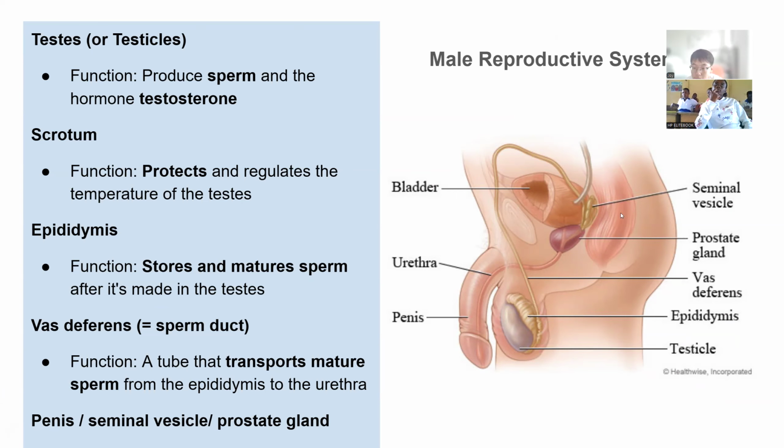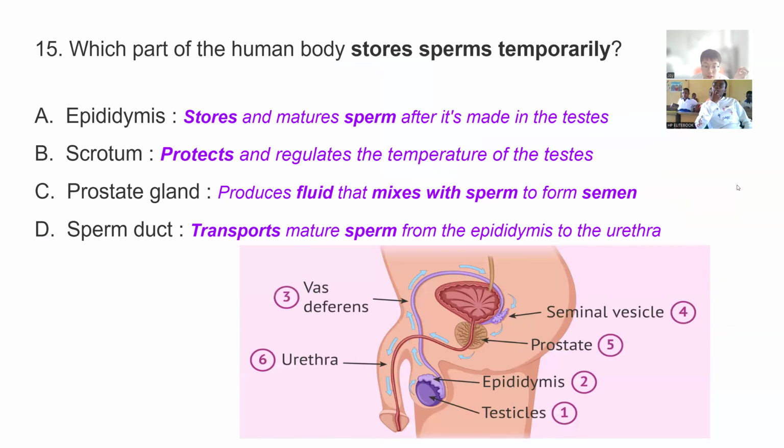the mature sperms. And although we didn't talk about other parts, there are other more detailed parts like prostate gland, seminal vesicles, urethra, and yeah, we've talked about how the epididymis stores the sperm after it is made.